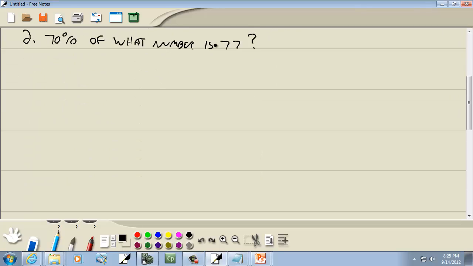Well, again, where the is located is our equals, so that's equals. And there's a 77 after the is, so I put 77 after this. The of is our times, so that's saying 70% times, and then what number is going to be our x, like that.